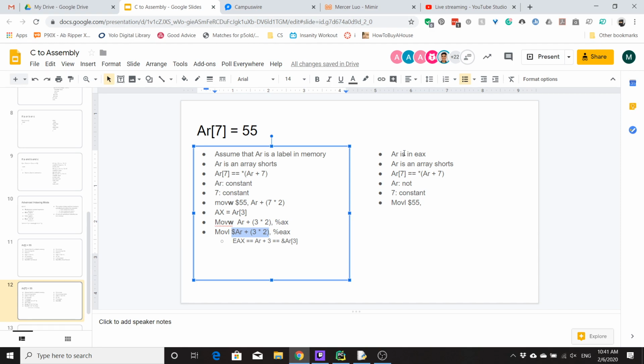So the constant part of a label is where it's located, which would be its address, right? Because again, you know that labels have to be constant, because we're using the label over here in the displacement field, right?